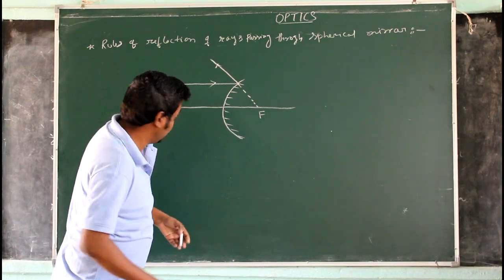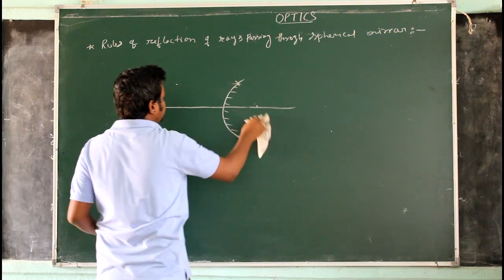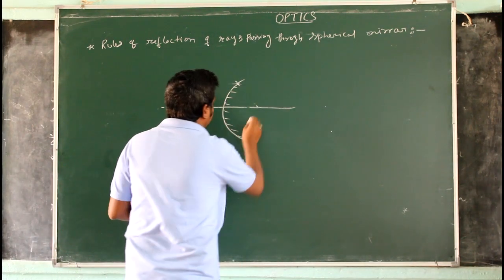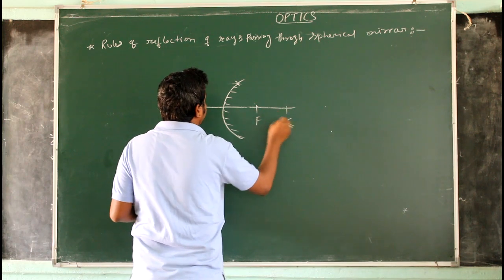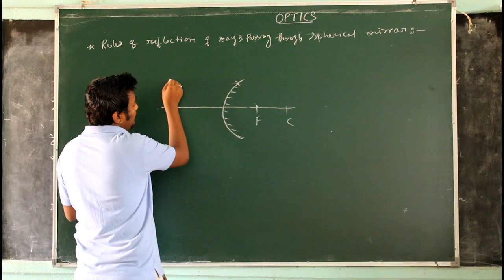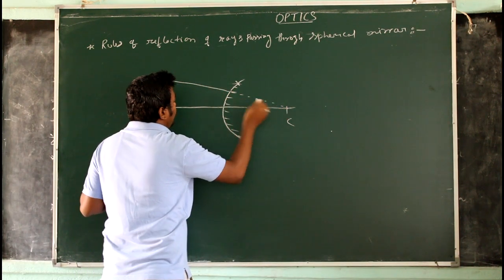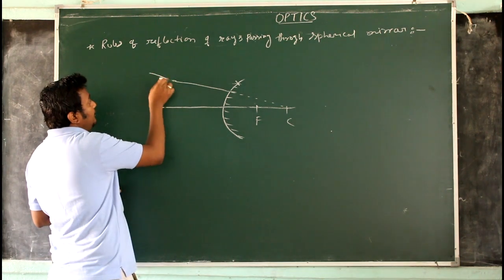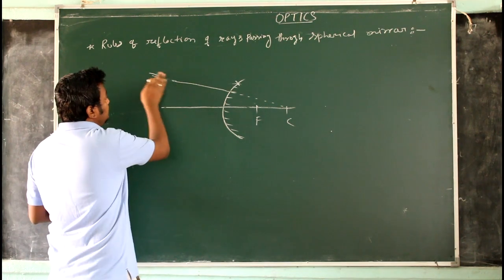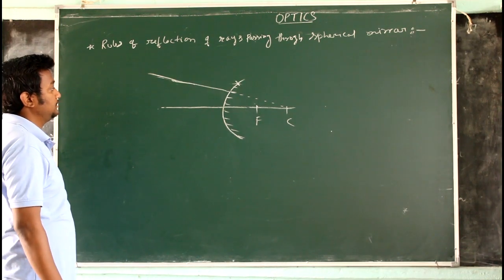The next is, suppose a ray is incident along the direction of the center of curvature.